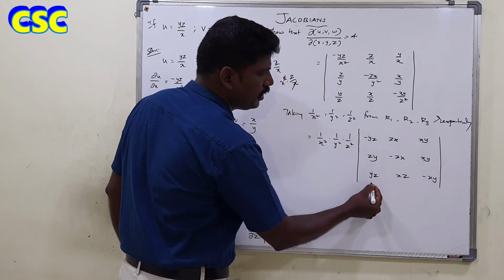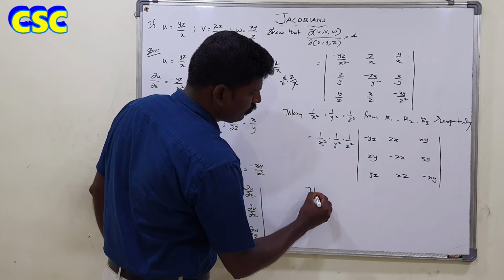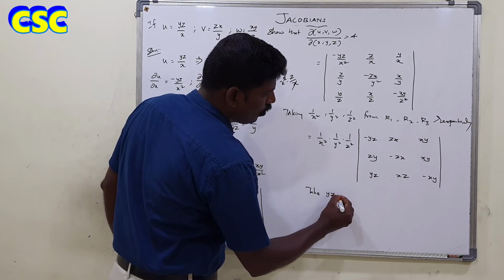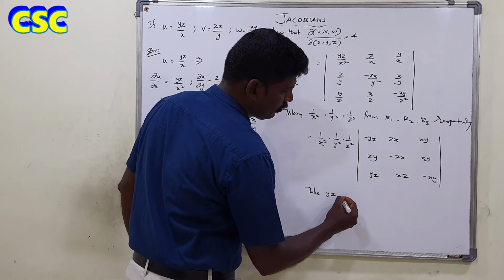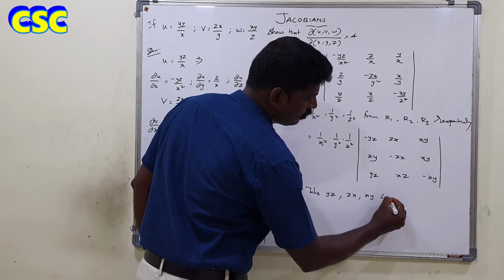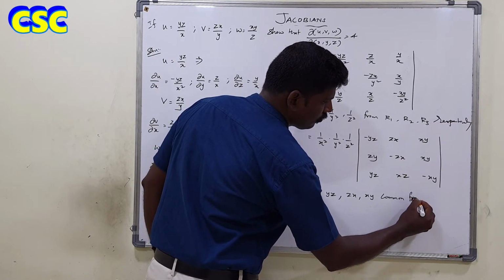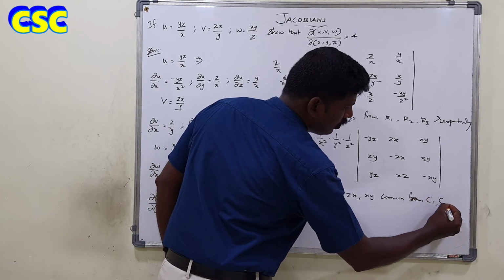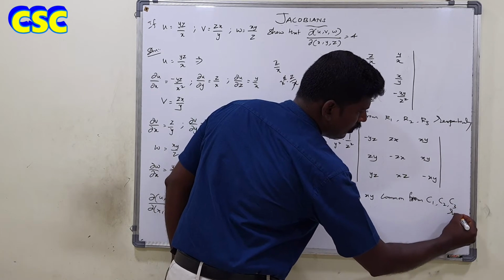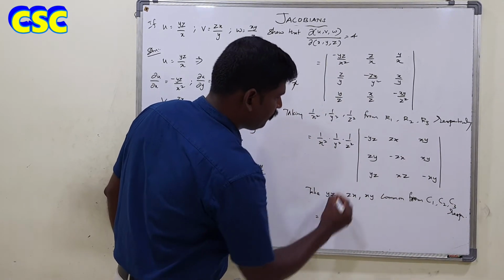Right? Look at the columns C1, C2, C3. Yz is common, zx is common, xy is common. Take yz, zx, xy common from C1, C2, C3 respectively, right? So what you will get?